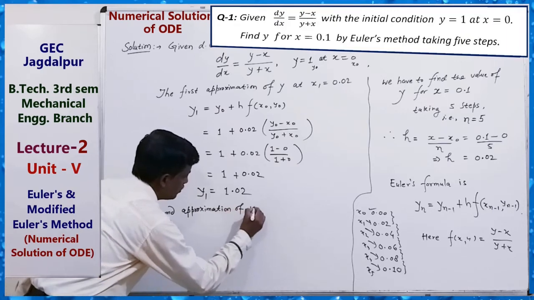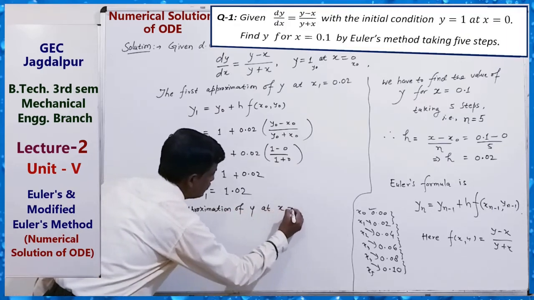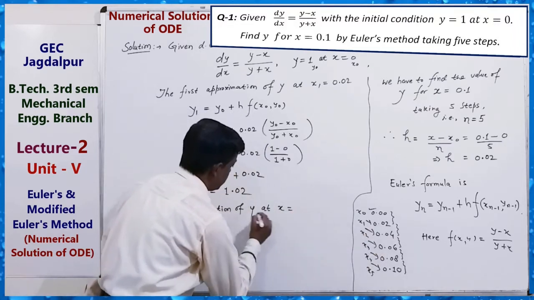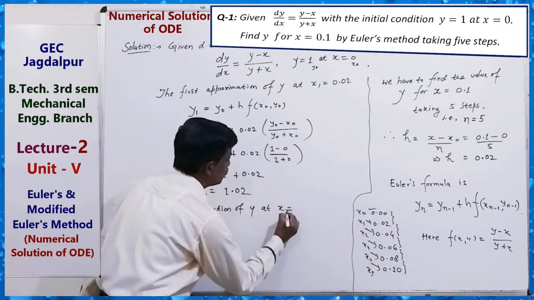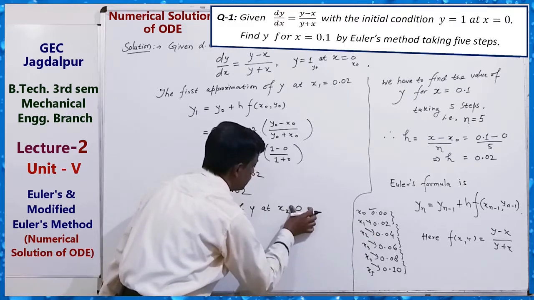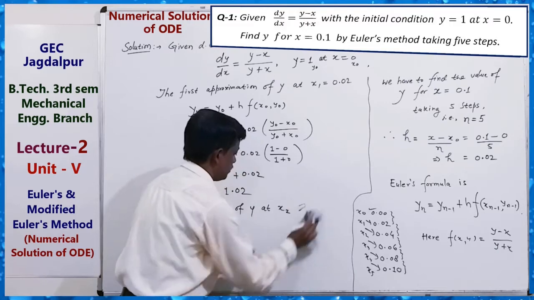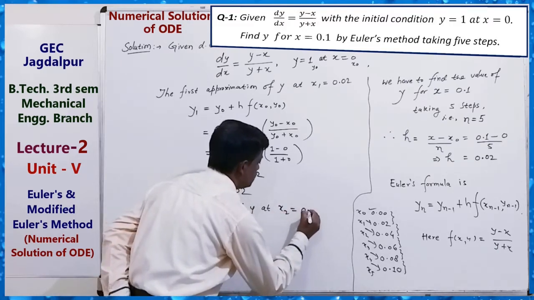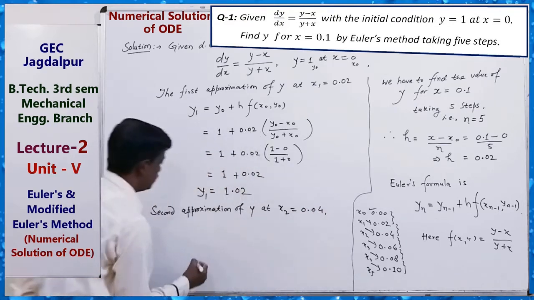Second approximation of y at the next step, at x2 equals 0.04.